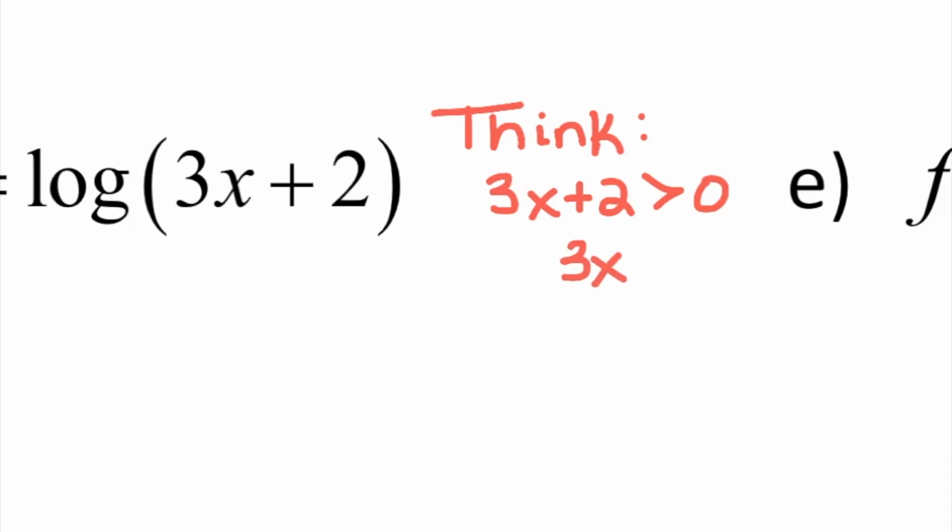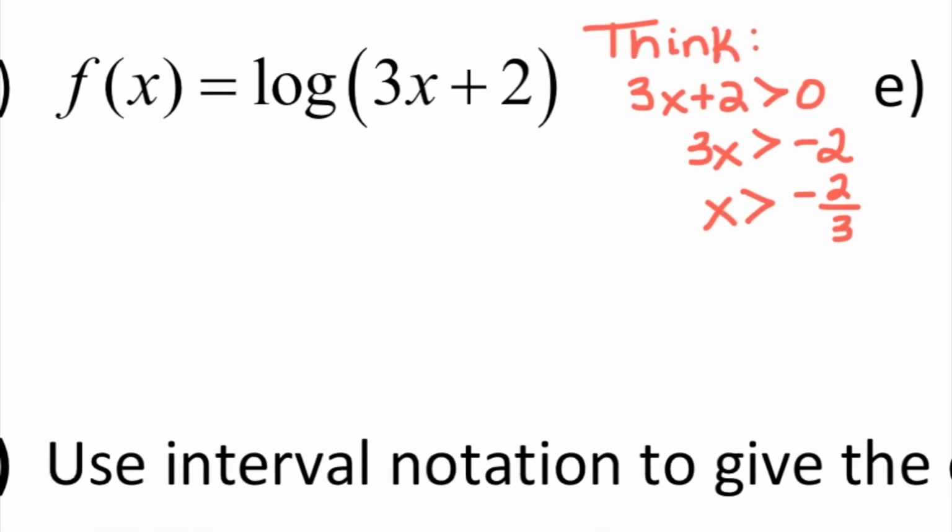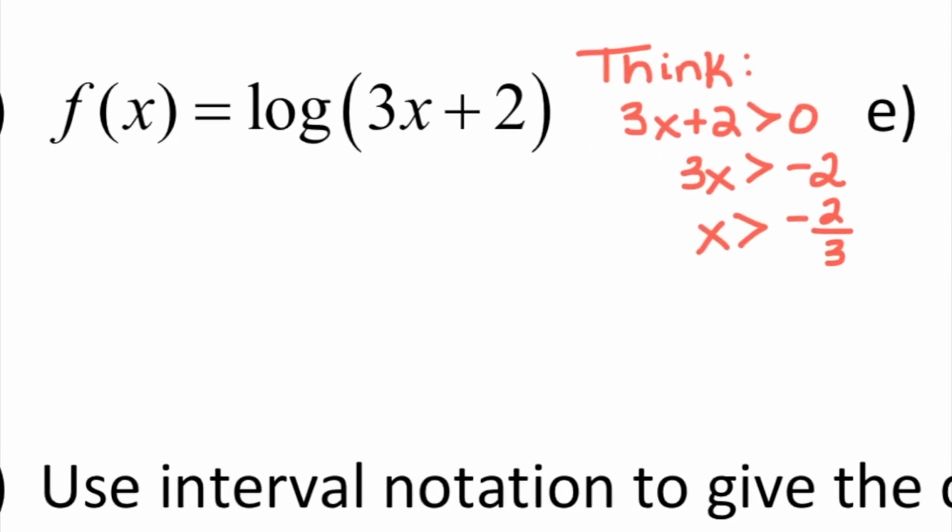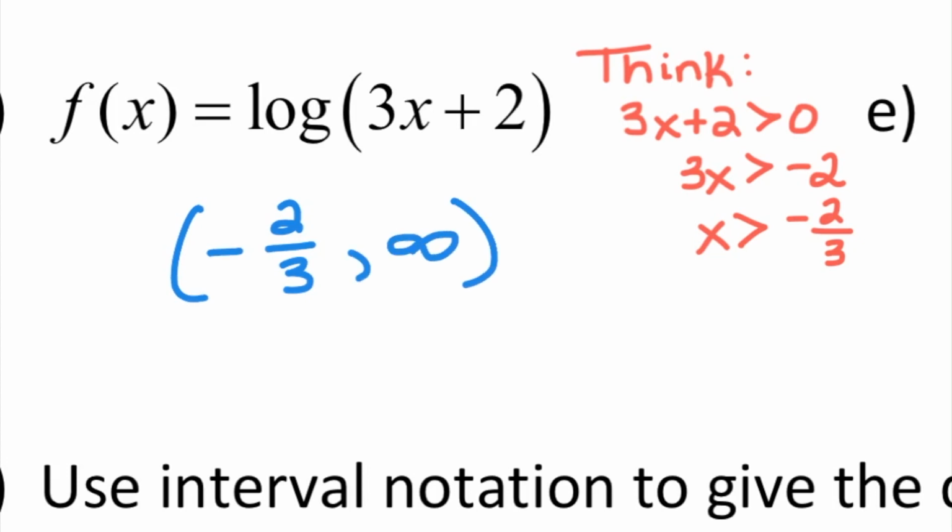So 3x has to be greater than -2, and then x has to be greater than -2/3. And therefore your domain for part D is going to be -2/3 to positive infinity, but not including the -2/3. So use the round parentheses, not the square bracket for the -2/3.